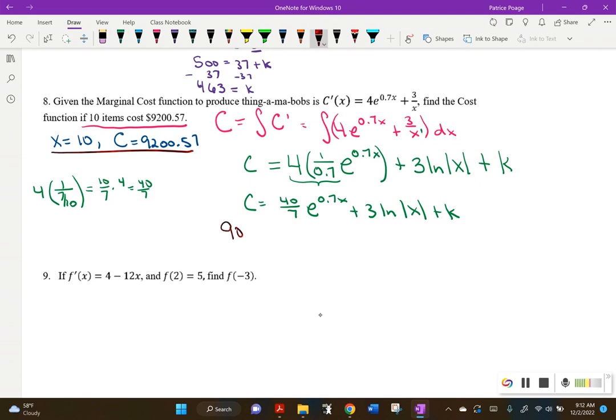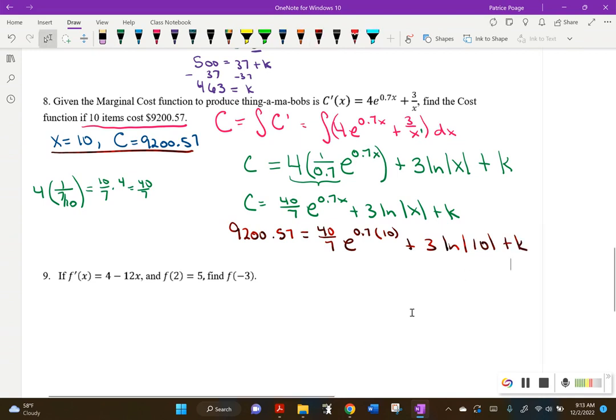And now I'm going to take my point right here. So my cost is 9,257 cents. Then I have 40 over 7 e to the 0.7 times 10 plus 3 natural log of the absolute value of 10 plus k. So I'm definitely going to pull up my calculator here now for that part.